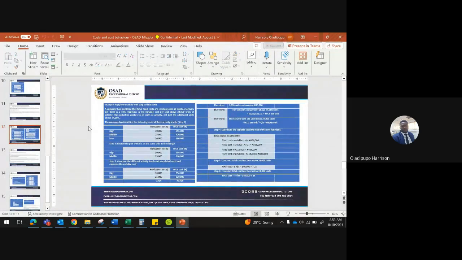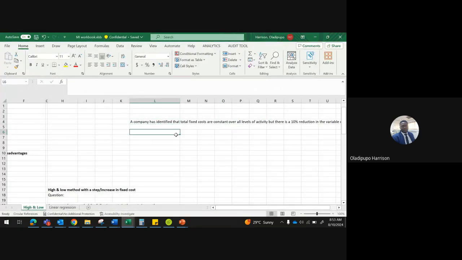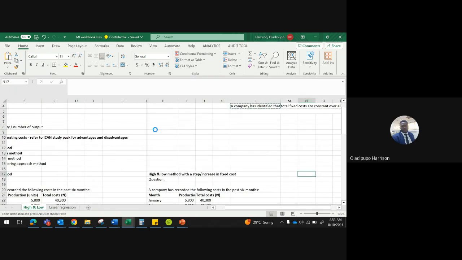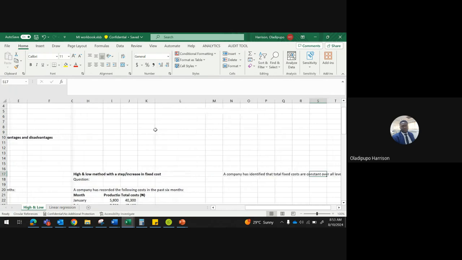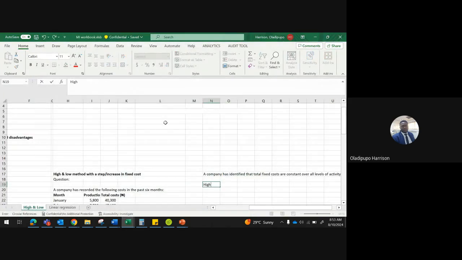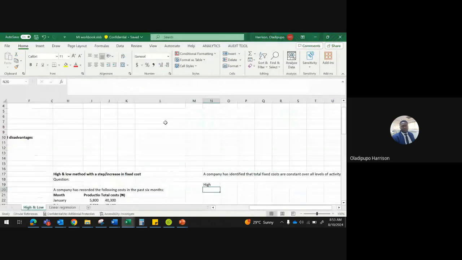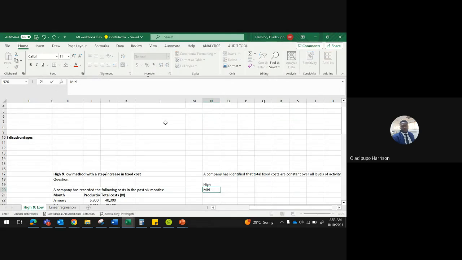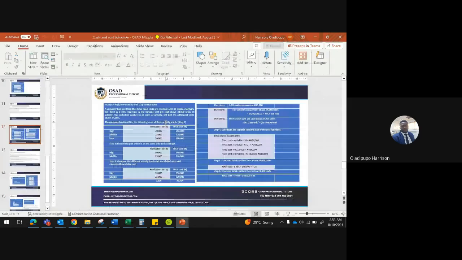Next step is to identify the three activity levels, and they've identified the levels for us: there is high, there is middle, and then there is low.